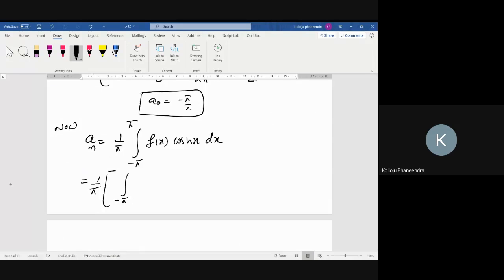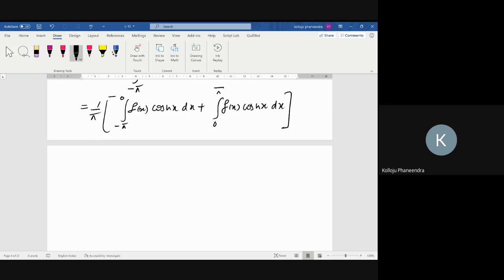This interval is split into two parts, minus pi to 0 f(x) cos nx dx plus 0 to pi f(x) cos nx dx. Next step. Now substitute the functions. This is equal to 1/pi, minus pi to 0. What is the function? In the first interval, minus pi cos nx dx, and 0 to pi, this function is x cos nx dx.